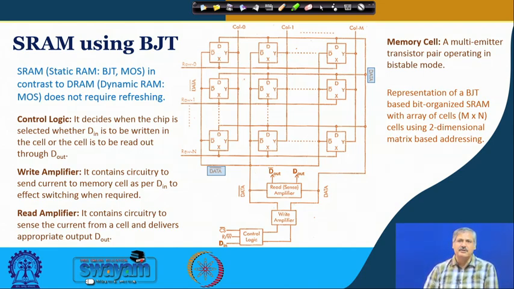There we shall see that in DRAM based memory organization, the information is stored in a capacitor which is leaky, so it requires periodic refreshing. In static RAM, the one that we shall be discussing now, that is not there.